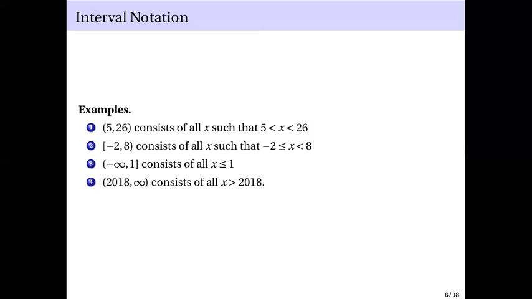Now, let us look at properties of inequalities. Okay? And these properties will help us solve inequalities, or find solutions of inequalities.